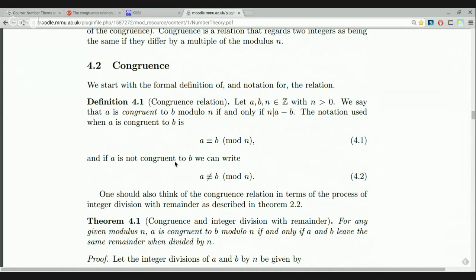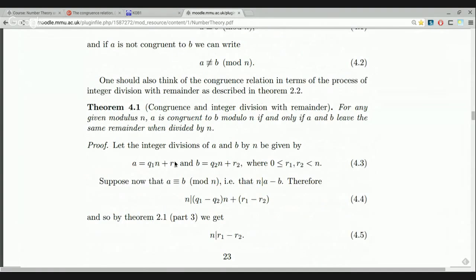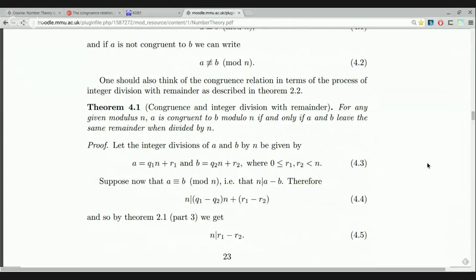But we quickly proved a theorem which gave us an equivalent way to think about it, and in some ways maybe a more meaningful, informative way. So you could, if you wanted to, take the result of this theorem as the definition of the congruence relationship. It's just an equivalent way of restating it, but maybe one that's more natural.